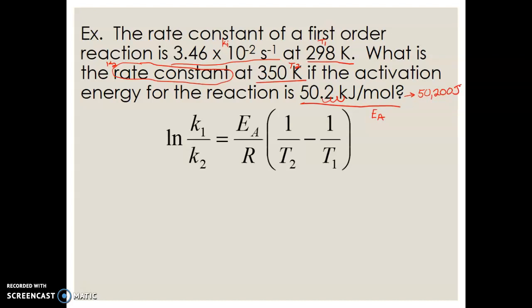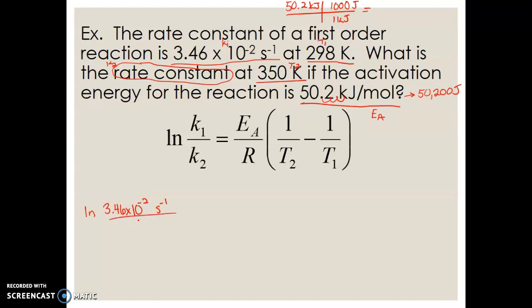There are 1,000 joules in 1 kilojoule, so you could also do 50.2 kilojoules times 1,000, and you'll get the same answer with that.